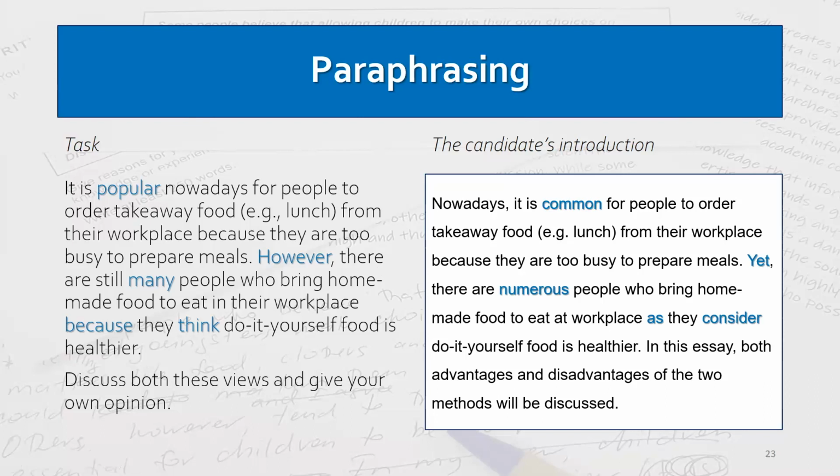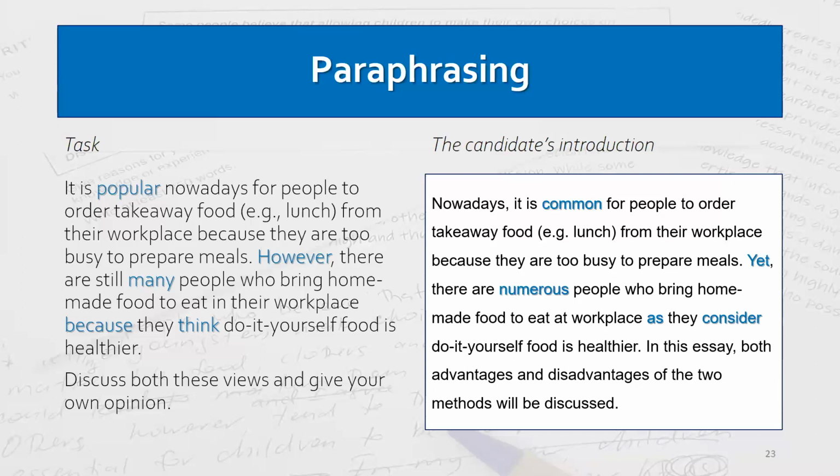But here, if you look at the task more carefully, it requires you to discuss both choices, both takeaway food and homemade food, and finally give your own opinion.